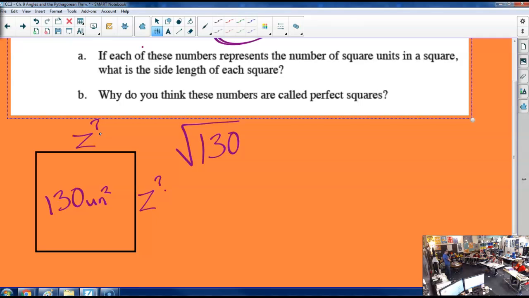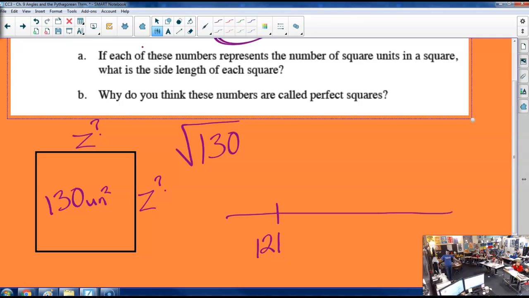Now, Jenny thought up this really convenient method. It depends on the situation, but it's normally pretty darn accurate. So 130 is in between a couple of other perfect squares. What's the perfect square beneath it? 121.